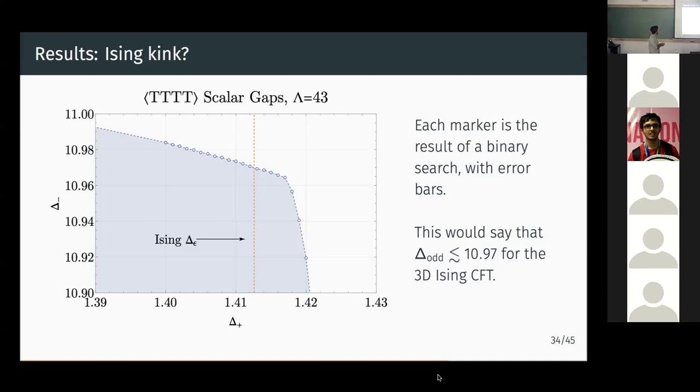Somehow it has this structure here, this kink, that corresponds very nicely to the location of the Ising CFT. Sorry, the x-axis here is the dimension of the leading parity even singlet scalar. So in Ising it's epsilon, but it could be anything for any theory. I'm not specifying anything.